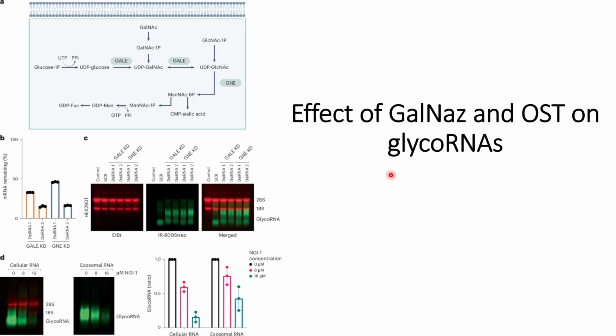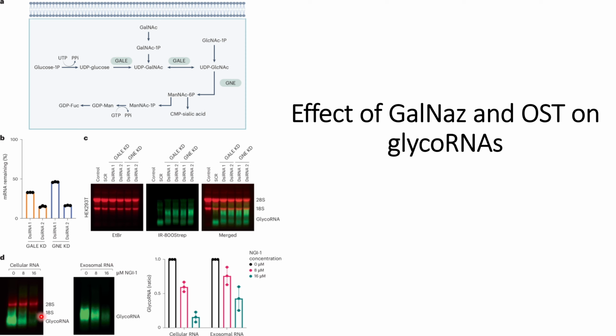Then they wanted to check OST, or when the glycosylation is completely stopped, whether it will also affect the glycoRNAs or whether there are some other pathways going on within the cells. In order to do that, they inhibit OST using the small molecule inhibitor NGI-1, and then they check the cellular RNA and exosomal RNA at different concentrations of NGI-1, and they can see that with an increase in NGI-1 concentration, they are able to see a decrease in the glycoRNAs.